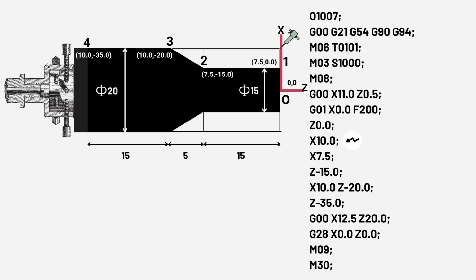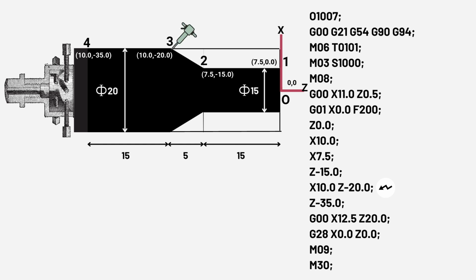So for that we shall write X10.0. Now we will begin maintaining the 15 mm diametrical cut as desired by the end product by giving the command X7.5 followed by Z minus 15.0.